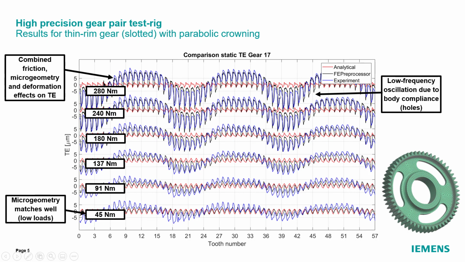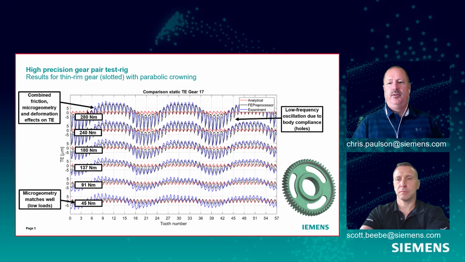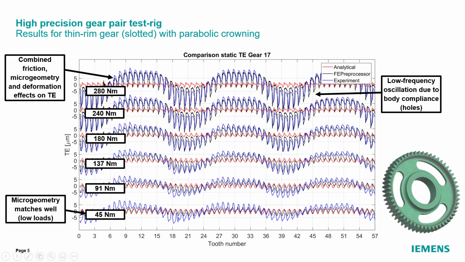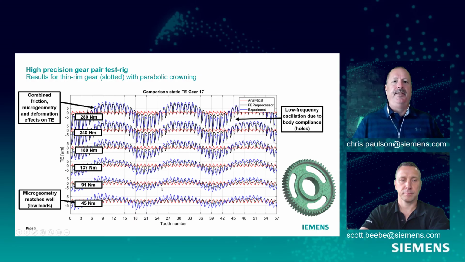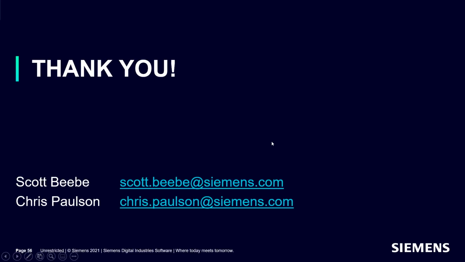But with our FE method that lumps the tooth stiffness empirical approach with an FE method for the stiffness of the gear blank, you see our FE preprocessor method gives us very good correlation with the measured transmission error across the range of torques. And this is also with some parabolic crowning to reduce the whine.